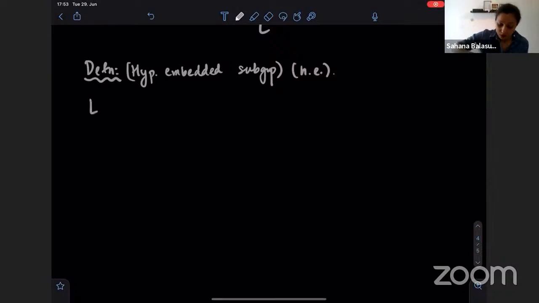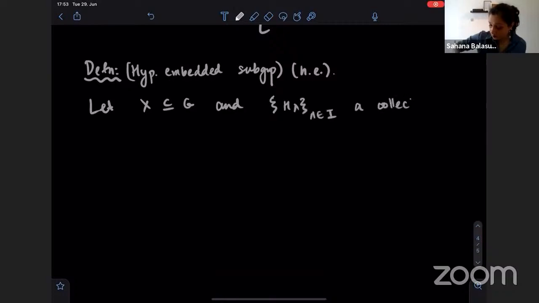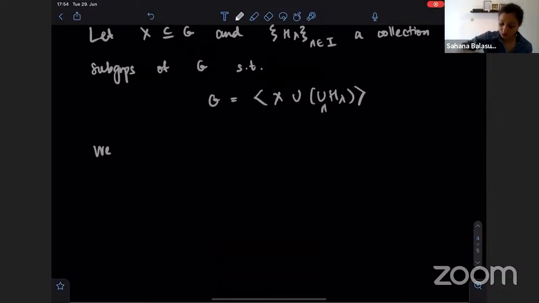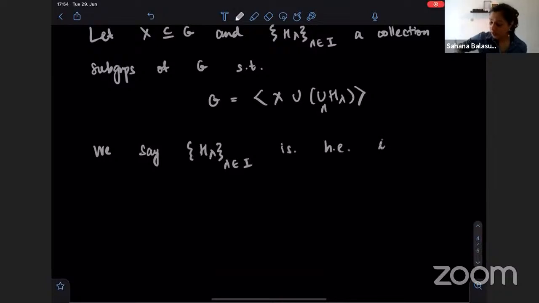So let X be a subset of G and a collection of subgroups of G, such that, of course, G is generated by this union. We say that our collection of subgroups is hyperbolically embedded in G with respect to X.